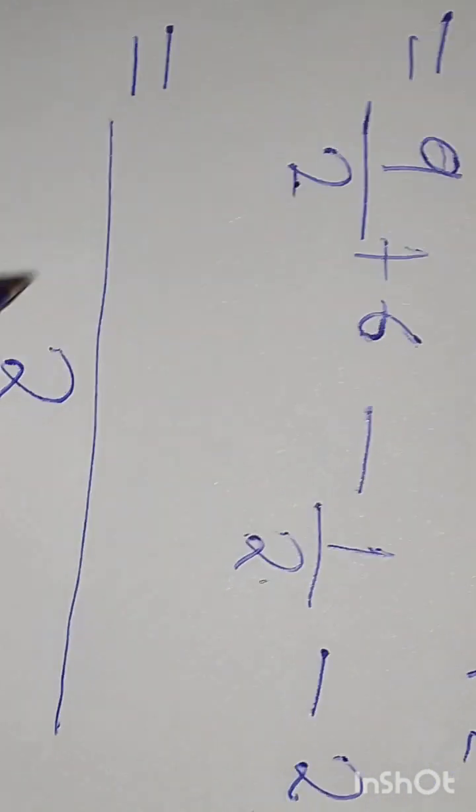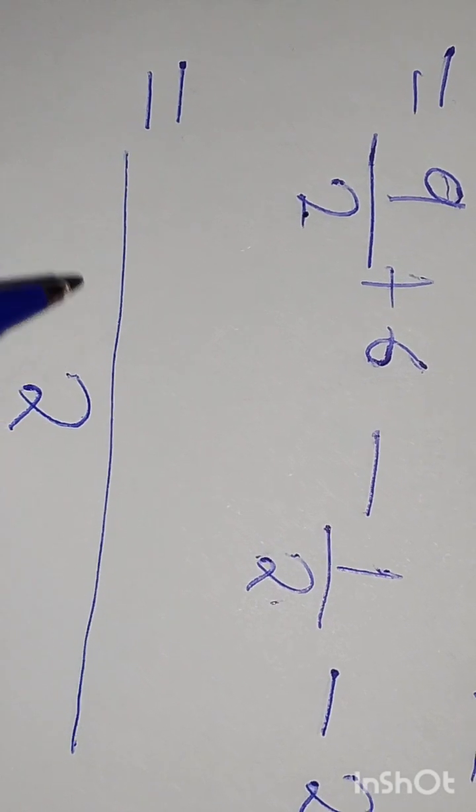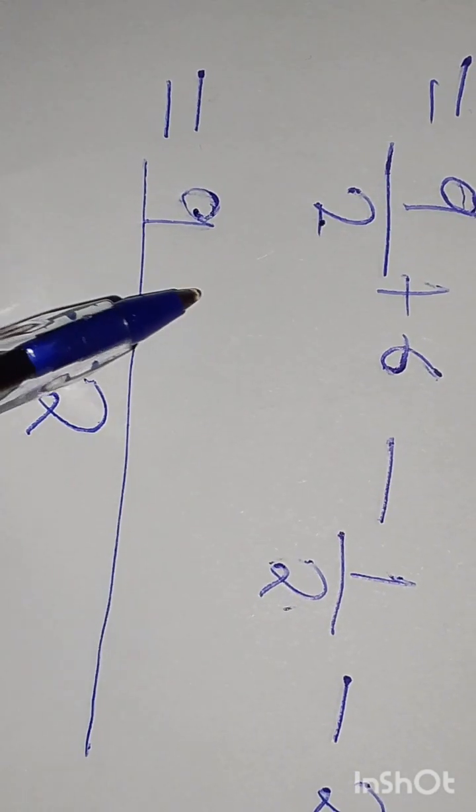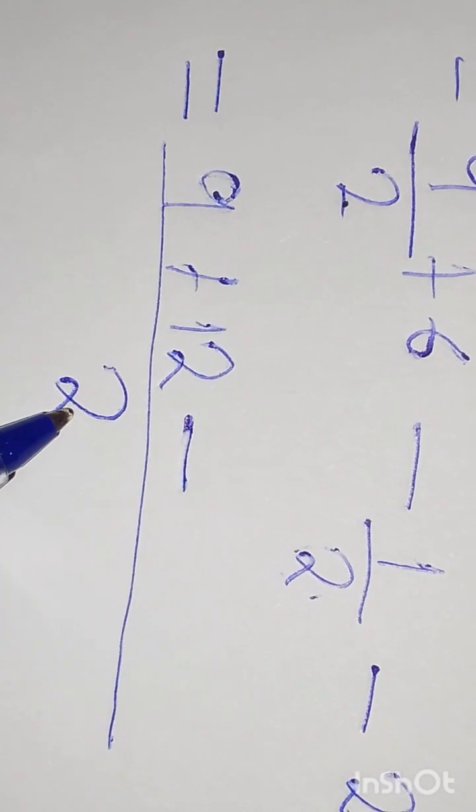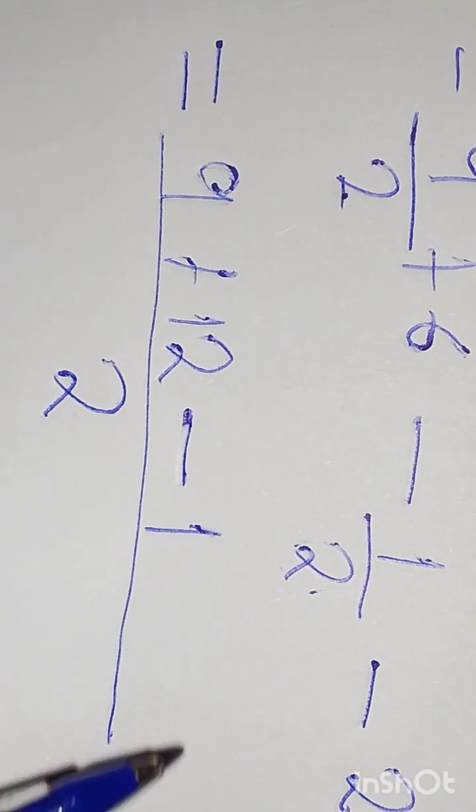So 2 into 2 is 2, 1 times 9 is 9, plus 2 multiplied by 6 is 12, minus 1, minus 2 multiplied by 2, it's negative 4 here.